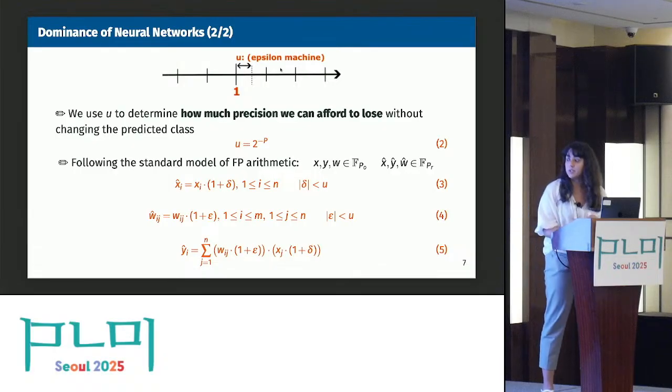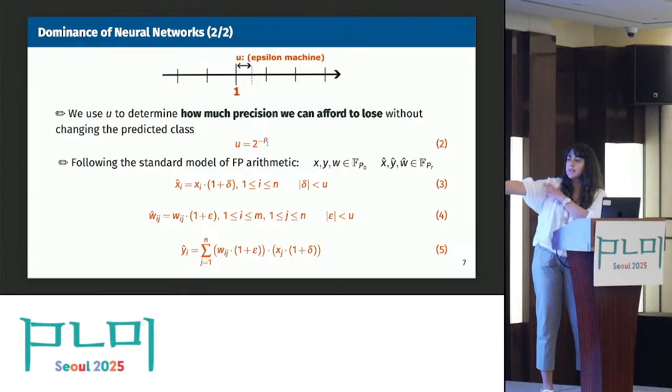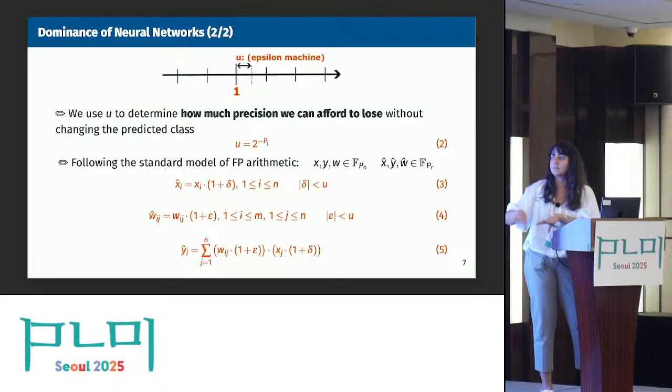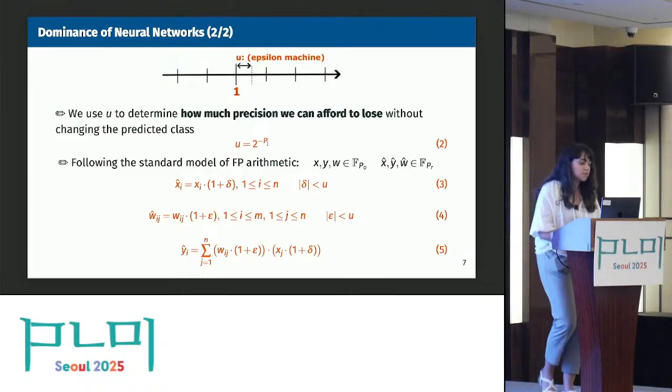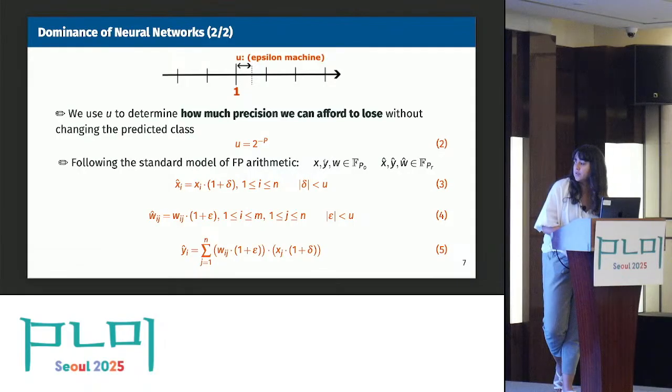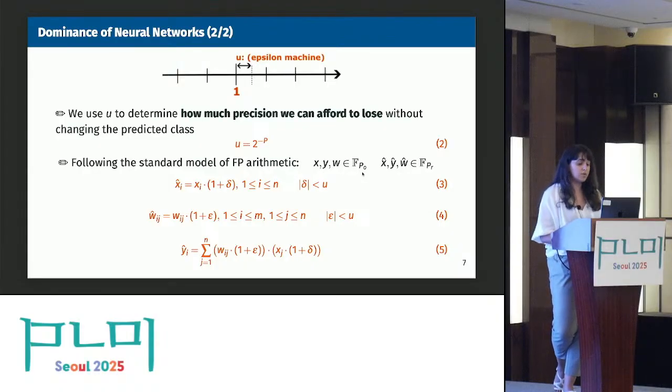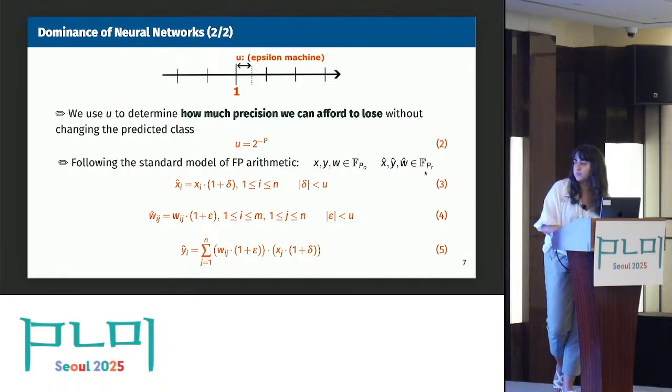The epsilon machine is equal to 2 to the power minus p. Here, when I don't say p original or p reduced, I'm talking about both precisions. So, following the standard model for floating point arithmetic, I take the input, the output, and the matrix of weights in original precision. In the quantized neural networks, we have x hat, y hat, and w hat, which are our new input, output, and matrix of weights in precision p_r, the reduced precision.